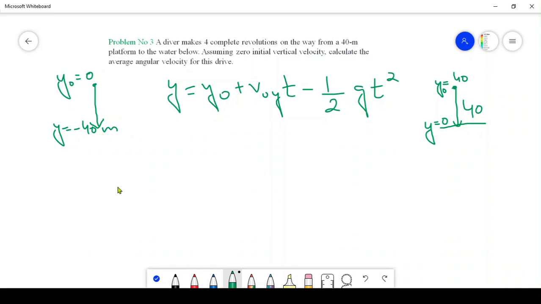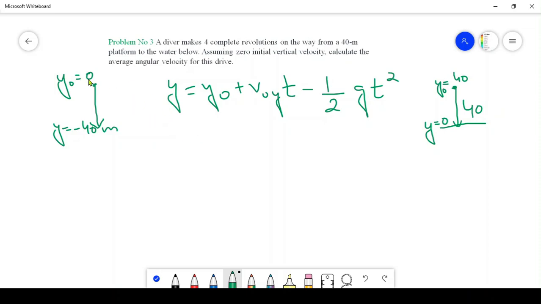These are the two ways of seeing that problem. Now we can use either these values in this relation to find the value of time, or we can use these values in that relation. The only thing that matters is how you see this problem.